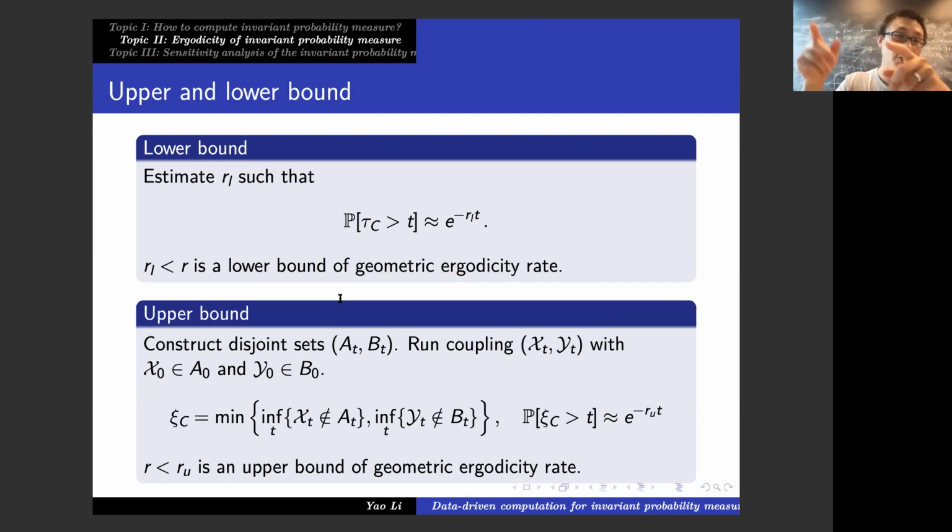Why? Because if you do not cross the boundary, you cannot couple. No matter what kind of coupling you use, you have to cross the boundary. So for example, if you have a double well potential, then immediately you can see there should be an upper bound, and this upper bound should be your exit time from one well to the other.